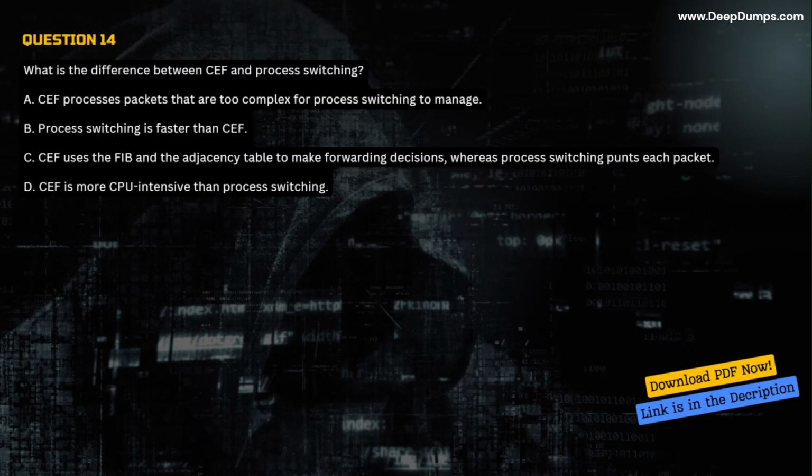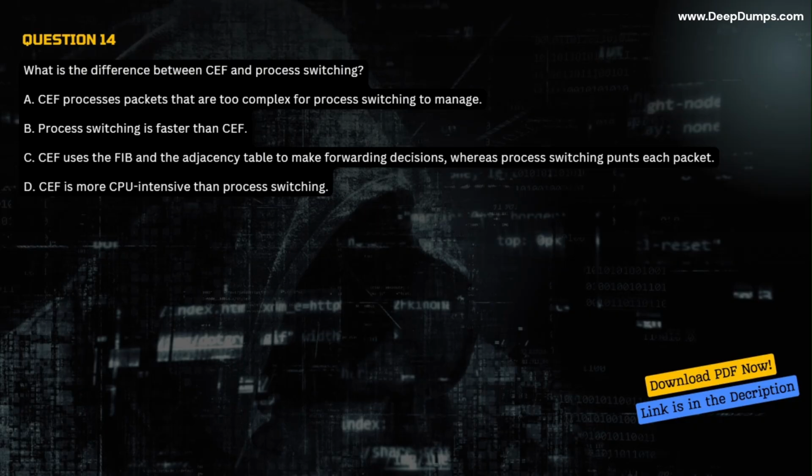Question 14. What is the difference between CEF and process switching? A. CEF processes packets that are too complex for process switching to manage. B. Process switching is faster than CEF. C. CEF uses the FIB and the adjacency table to make forwarding decisions, whereas process switching punts each packet.